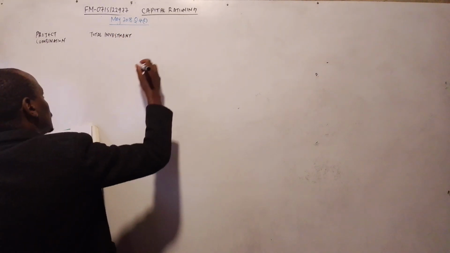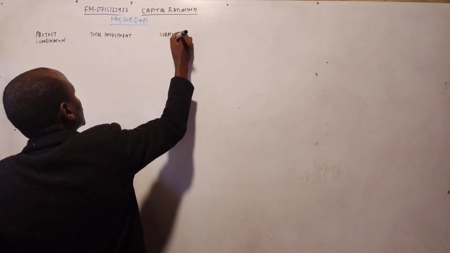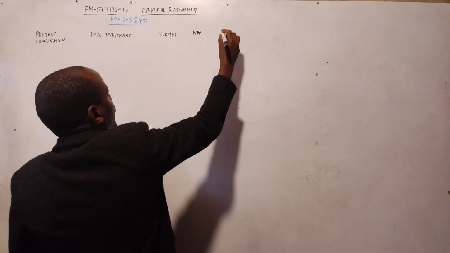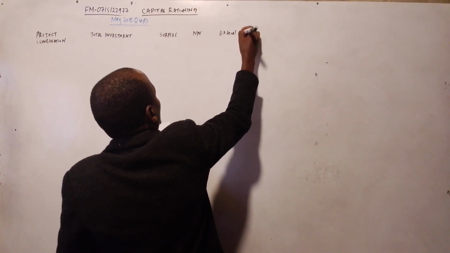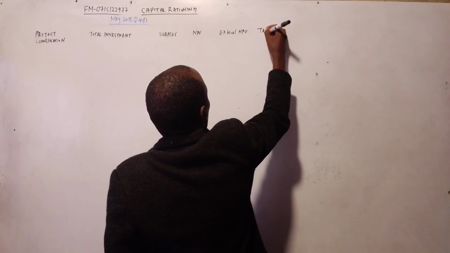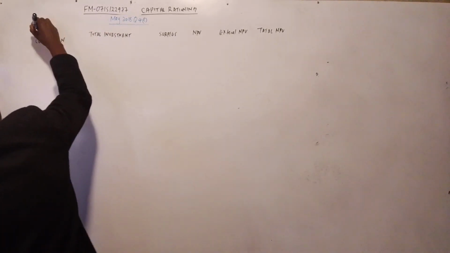Then you need to calculate surplus, then NPV, then external NPV, and then total NPV. So that is our format. That will be our format.